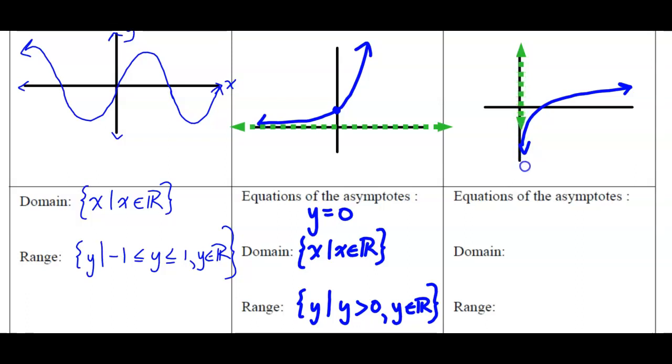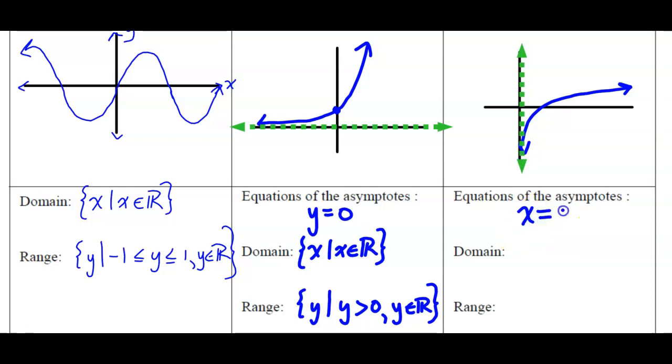Okay, so the asymptote's going to be on the y-axis. So, y-axis asymptote, the equation of that is x equals 0. So you can fill that in.